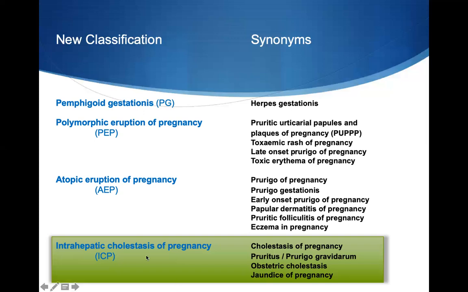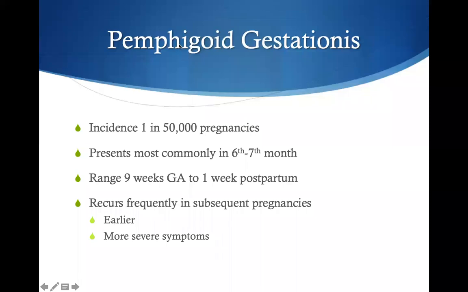Next slide. First, we'll talk about the least common of these 3, pemphigoid gestationis. It's only found in about 1 out of 50,000 pregnancies. So maybe in my 25 to 30 years of practice, maybe I've seen 5 cases. It's very rare.